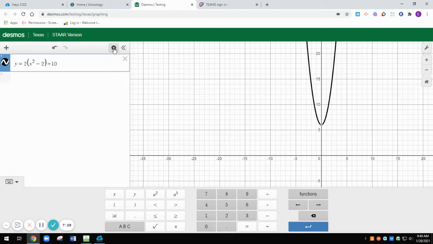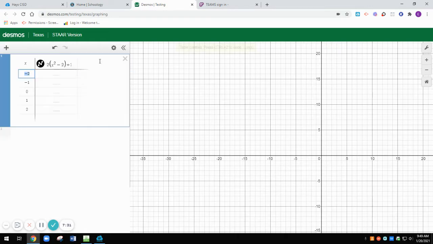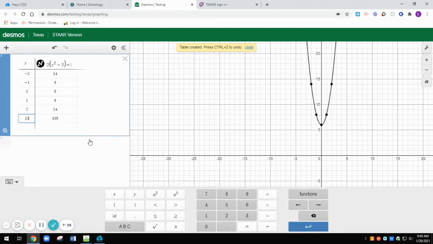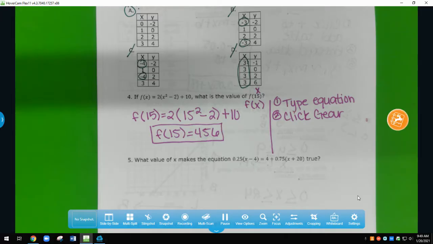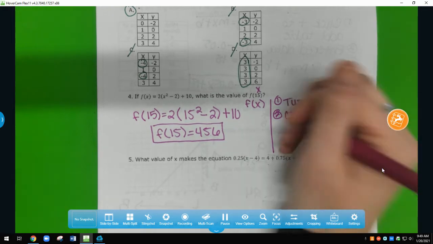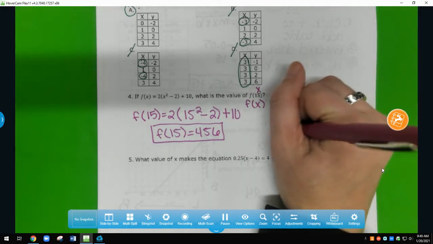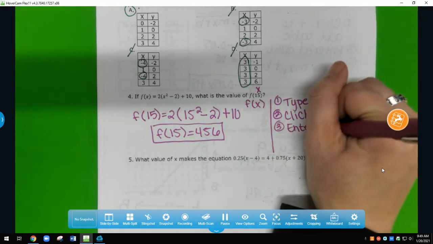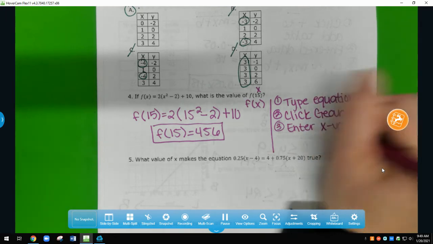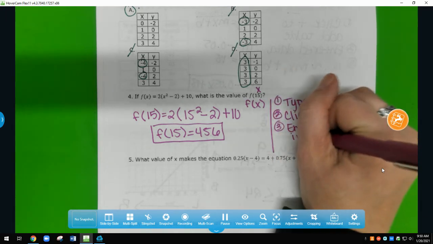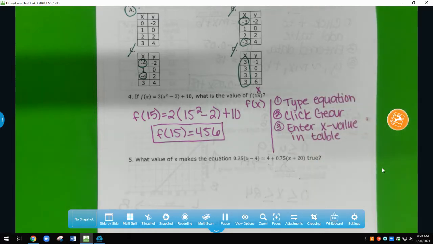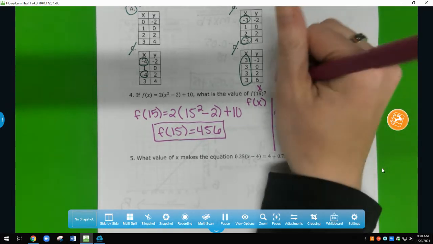If I click the gear or the flower up here, I make it a table. Then down here at the bottom, I would just put 15 and I should get the same answer. So that's another option. Okay, and then enter x value in table. Okay, so there's 2 different ways you could do that one.